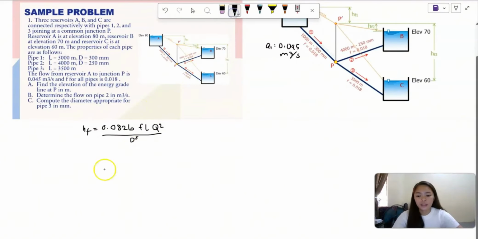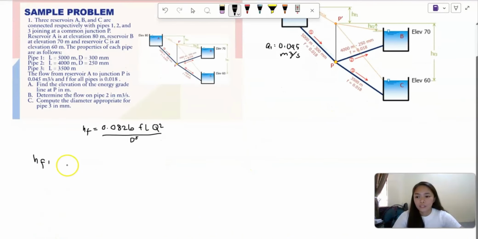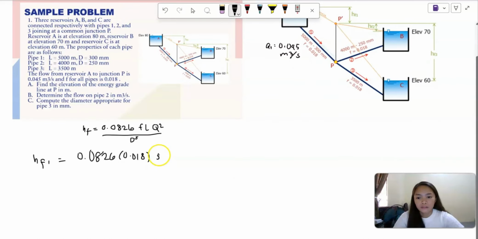In order for us to get that, we need first to find the head loss in pipe 1, or the HF1. So 0.0826, then f is 0.018, then for pipe 1, we have the length of 5,000 meters.